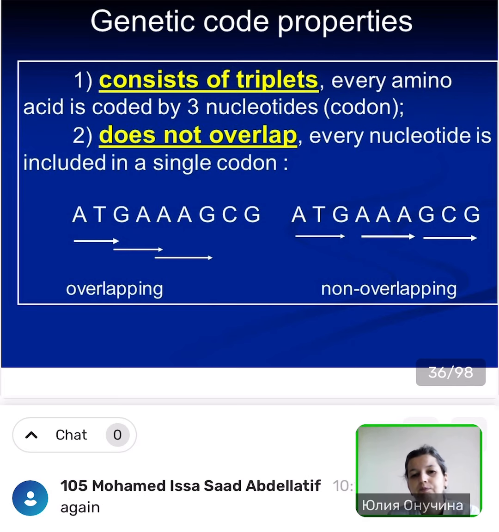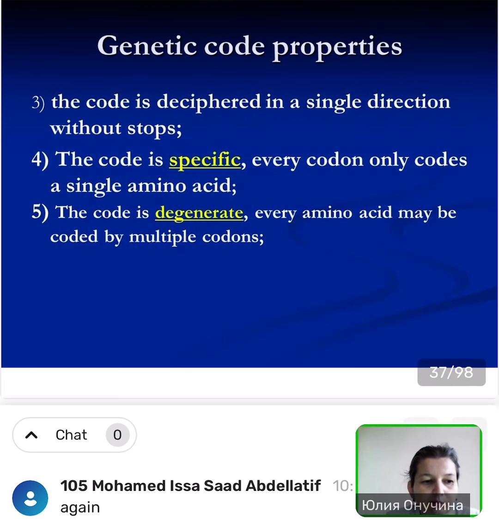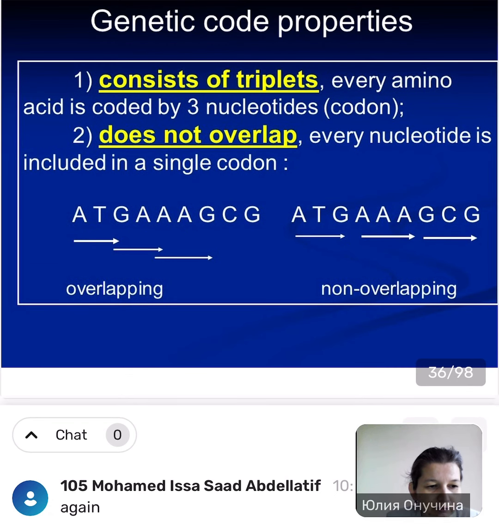So in our eukaryotic cells, one nucleotide in this sequence will be used only once to form a codon.